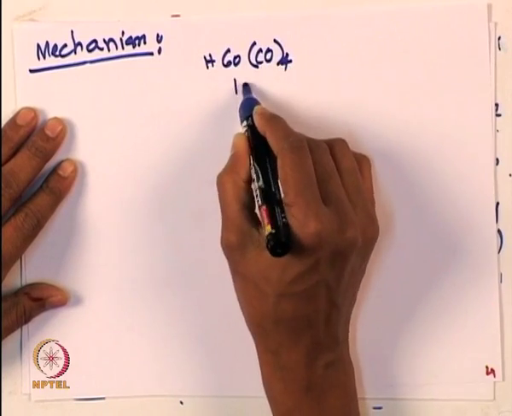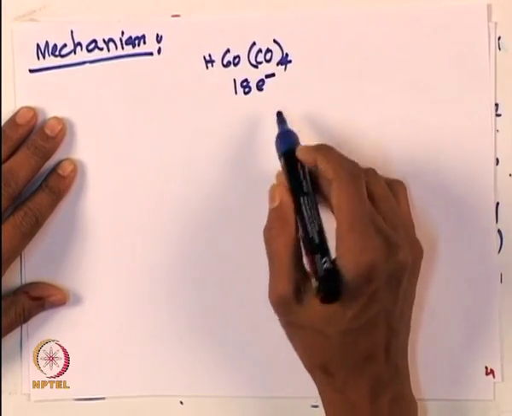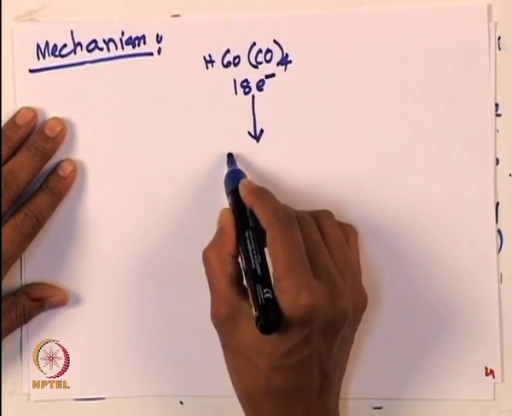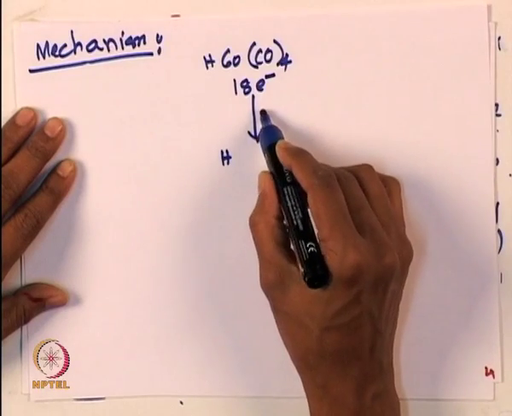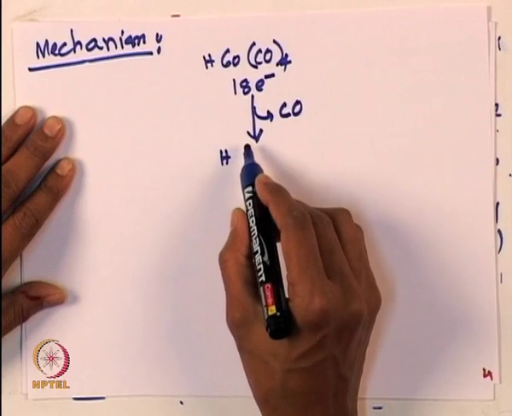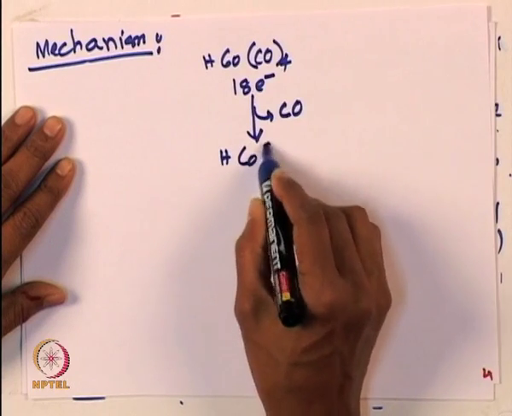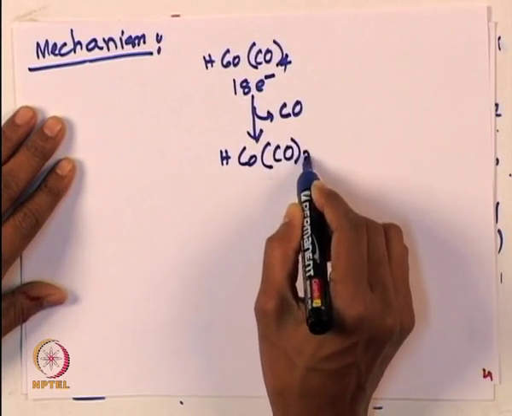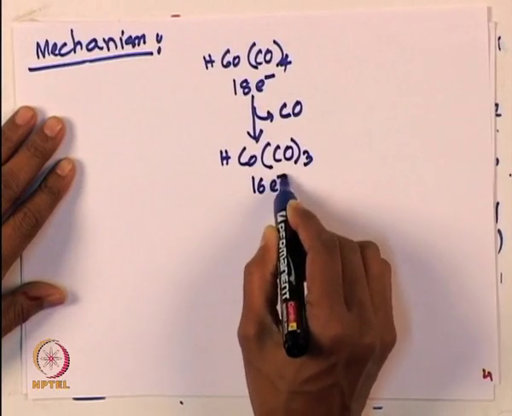You do that quick electron count. It should be an 18 electron count, and from there one of the carbon monoxides is getting out. Of course, you need a 16 electron species, so a little bit of unsaturation is required, and you get to HCo(CO)3. This is a 16 electron species.